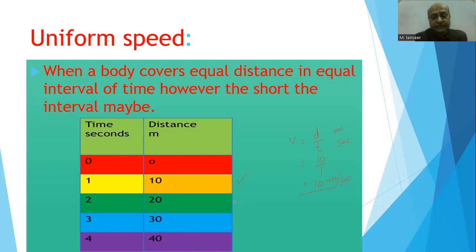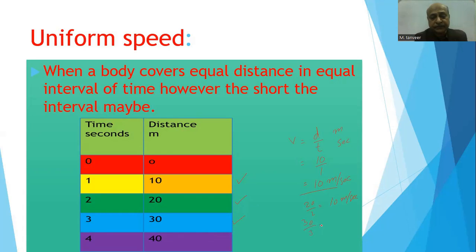Now, second case: distance traveled is 20 and time is 2. When you divide 20 by 2, your answer will be 10 meter per second. In the third case, distance traveled is 30, time is 3.